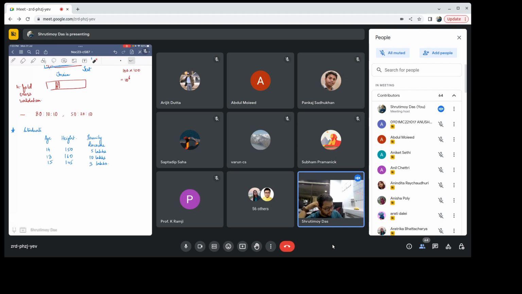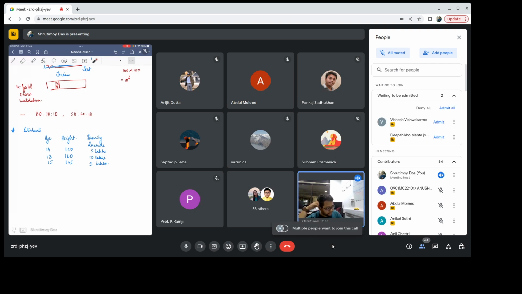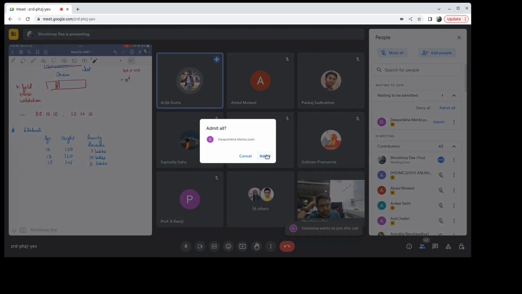Say if we divide it by the sum of this, suppose the sum is s, this will come between 0 and 1. Similarly this will also come between 0 and 1, and same for this. In that case our model will not be dominated by a single feature. That's why we require feature scaling. Is it clear?